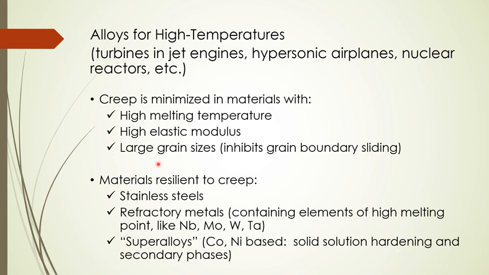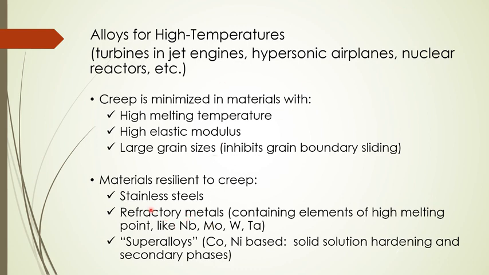Large grain size means the grains of the material are large. If we use large grain size, it will inhibit grain boundary sliding, so the grains will not experience sliding.